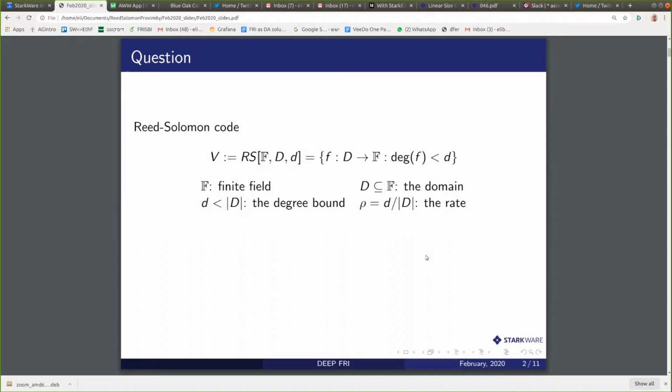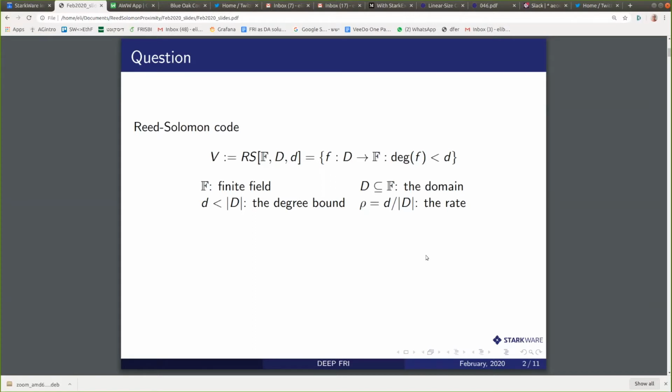Okay, so this linear space is a very well-studied and elegant space that has a lot of nice properties. The rate of this error correcting code is denoted by rho. It is the ratio between the degree plus 1 and the size of the domain.